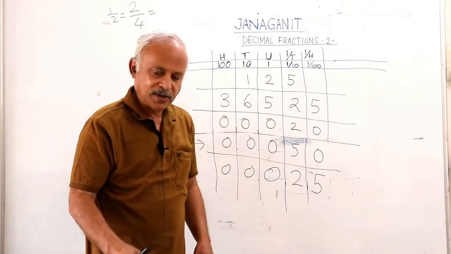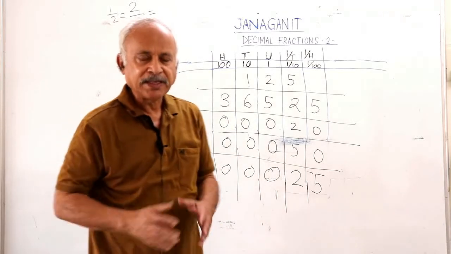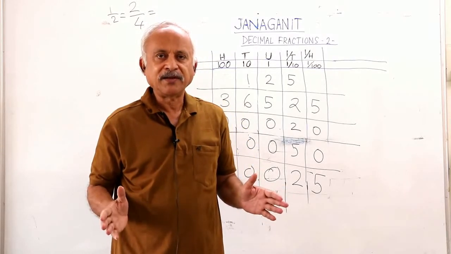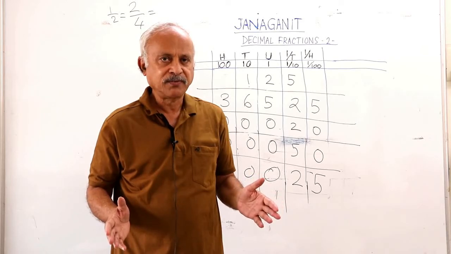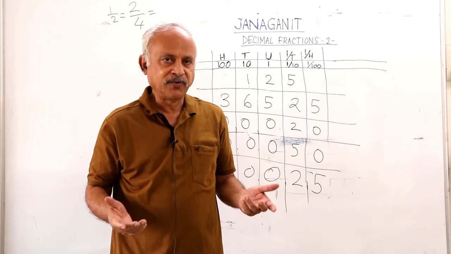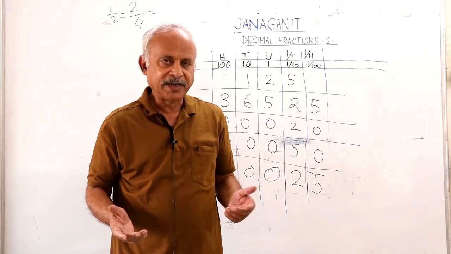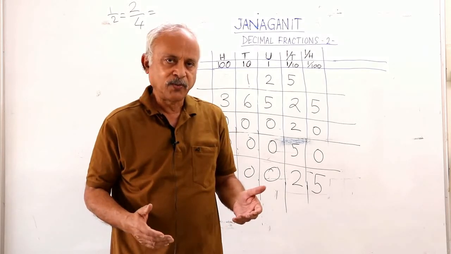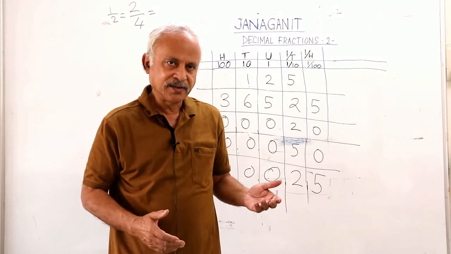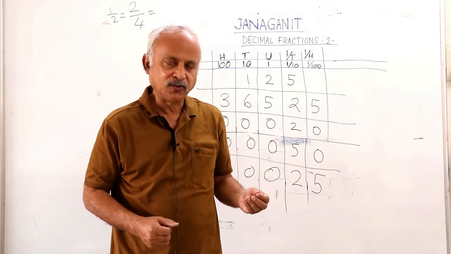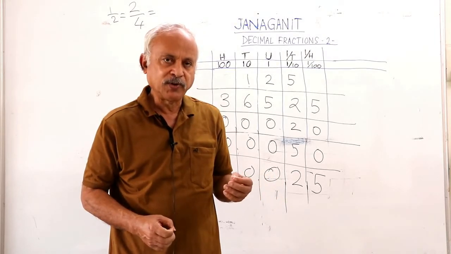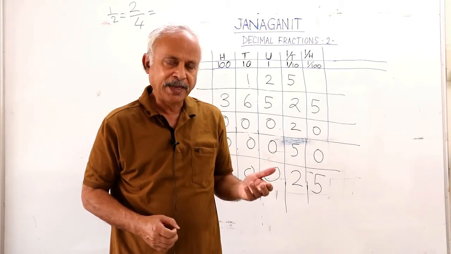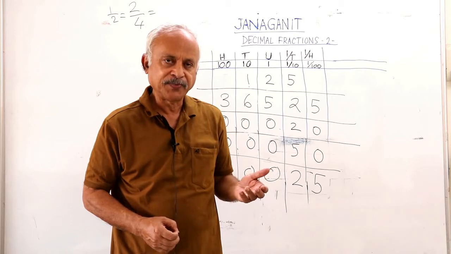But I would like you to recall that we have done nothing new. We have done just place value. We have done division. By dividing, we have made equal parts. We have written the parts using place value. Since we are doing fractions, we made place value for fractions.